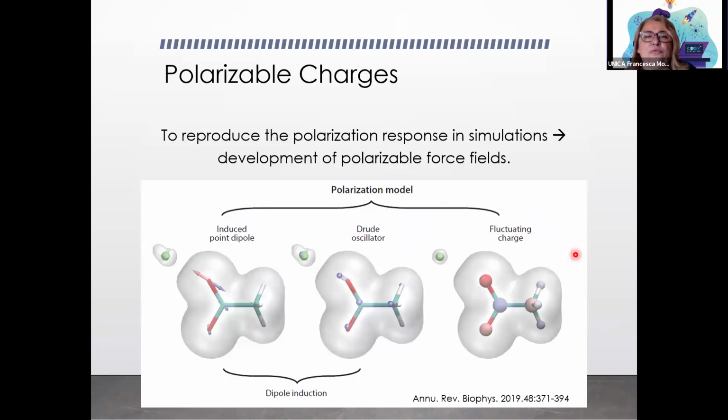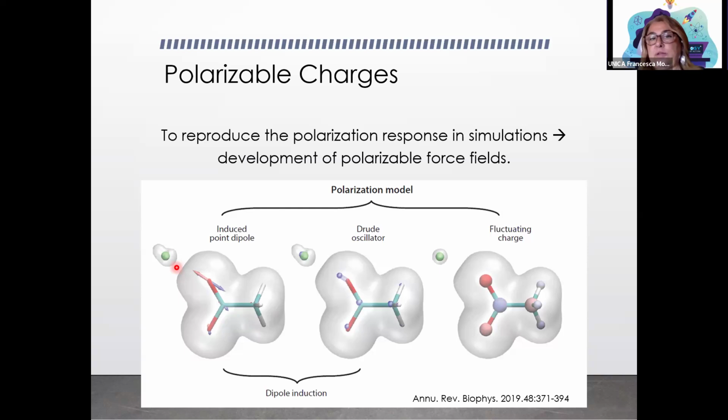However, we know that when, for example, we have a molecule with a carboxylate group, here we have an oxygen, which has a partial negative charge, and a positive or negative particle is nearby, the electronic distribution on the atoms changes because there is a polarization that is due to the other charge present in the system.